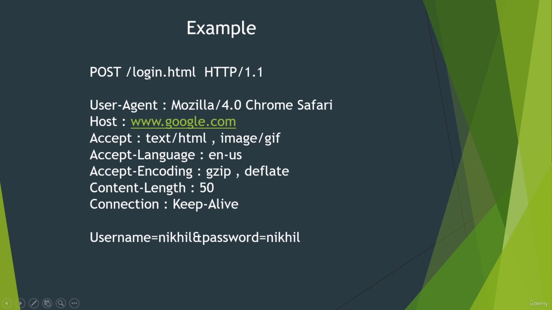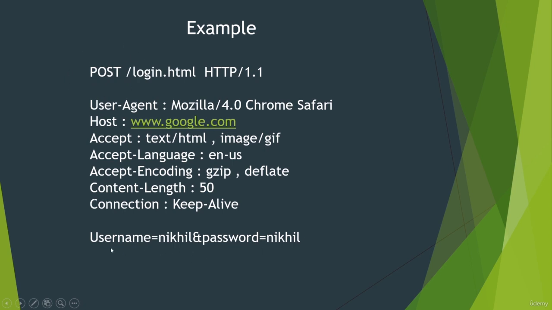On seeing this POST request, the web server will take these parameters and pass them to login.html. In this login.html we will have some server-side code, like the PHP programming language. Then this username and password will be checked in a database, and the response, either login successful or failed, will be sent to the client. So once again we are just changing the GET to POST to send some data to the web server.